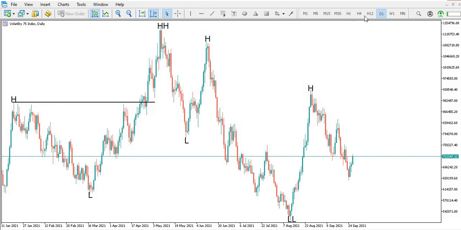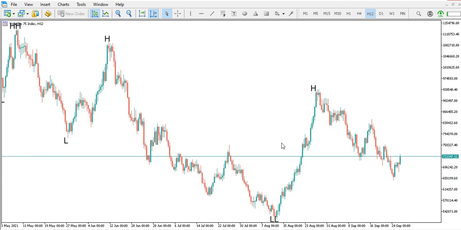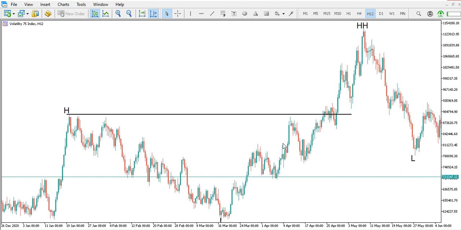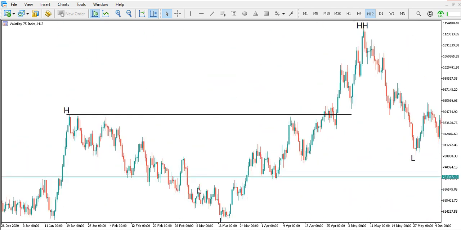Whenever we go down to H12, which is a 12-hour time frame, it is the same thing as on the daily time frame, except now we have a little bit of expansion like here.